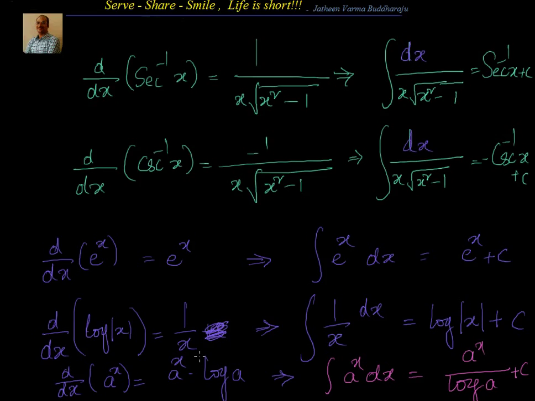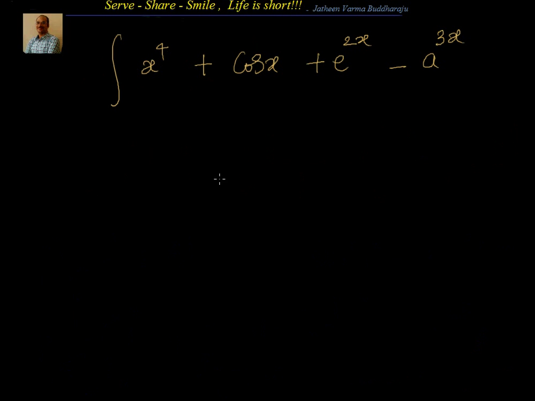Let me do at least one simple example in this, so that we'll go ahead and try to do the remaining in the next. Okay, let's take a simple example where I try to club all the information we learned just now. We have to find the integral of this whole function dx.